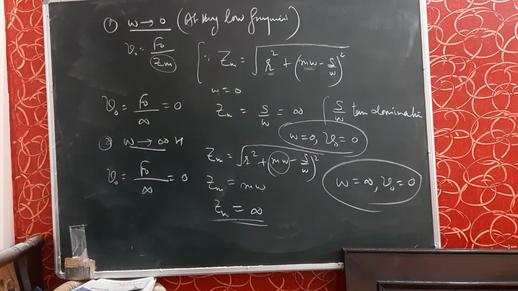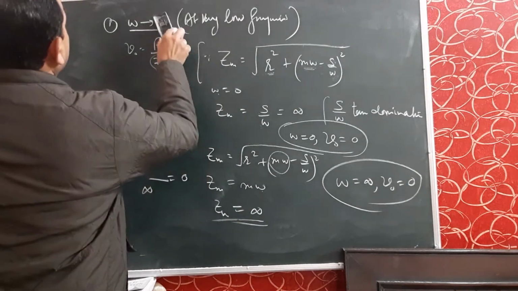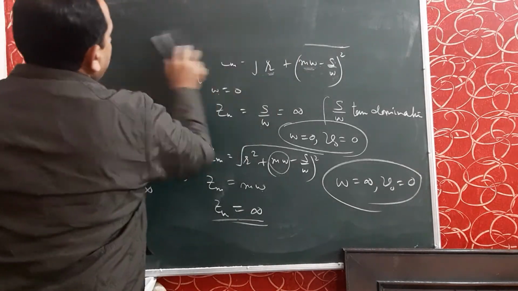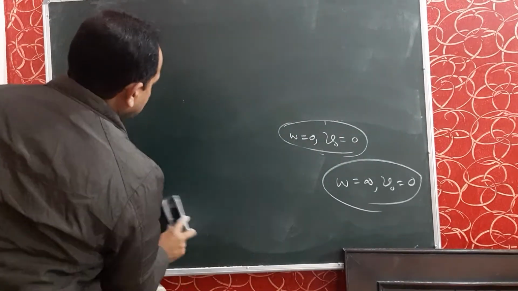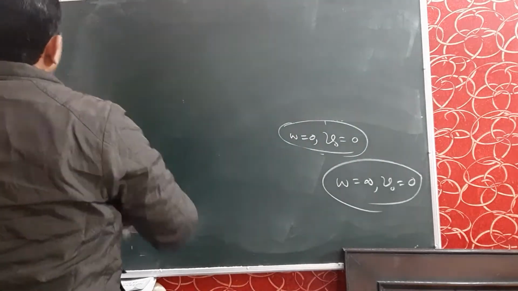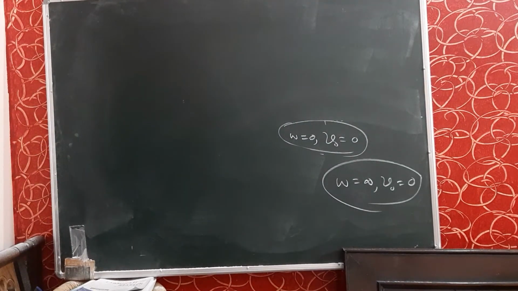And in the third case, when omega is at resonance, that is, the value is lying in between 0 and infinity, or resonance is a condition when the value of velocity becomes maximum.